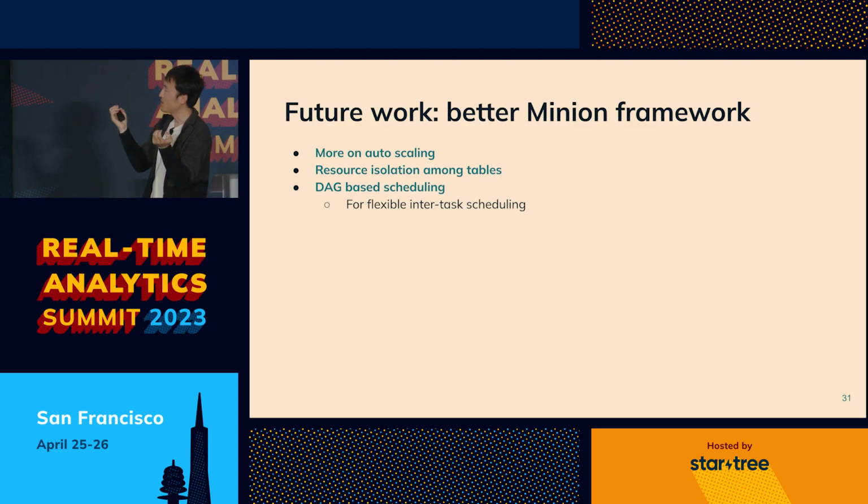And we are thinking about maybe it's time to reconsider the graph-based task scheduling and see if this can help make different tasks run with each other safely inside one Pinot cluster. That's the third thing.